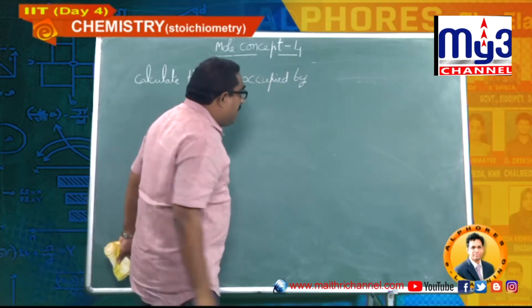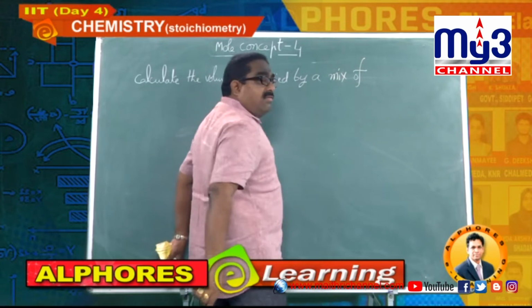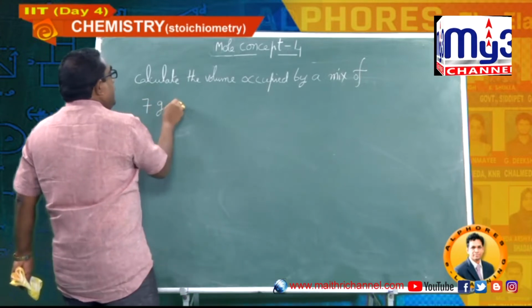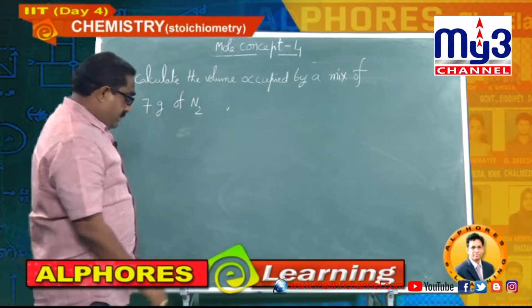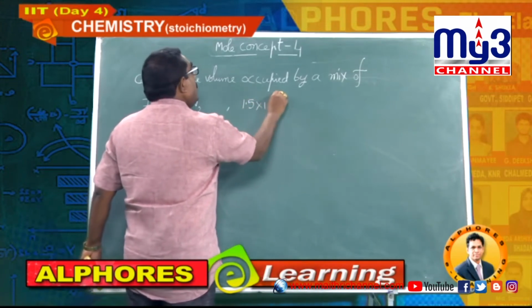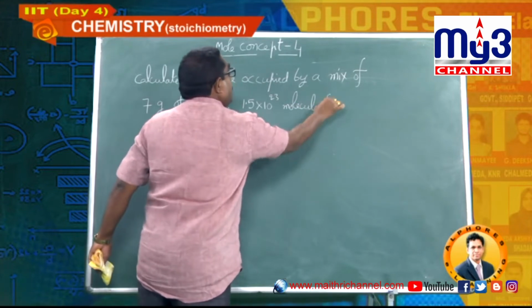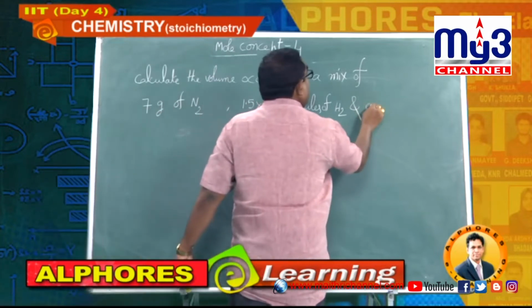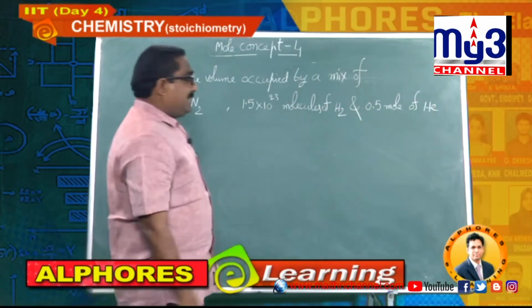Calculate the volume occupied by a mixture of 7 grams of nitrogen, 1.5 into 10 power 23 molecules of hydrogen and 0.5 mole of helium gases.